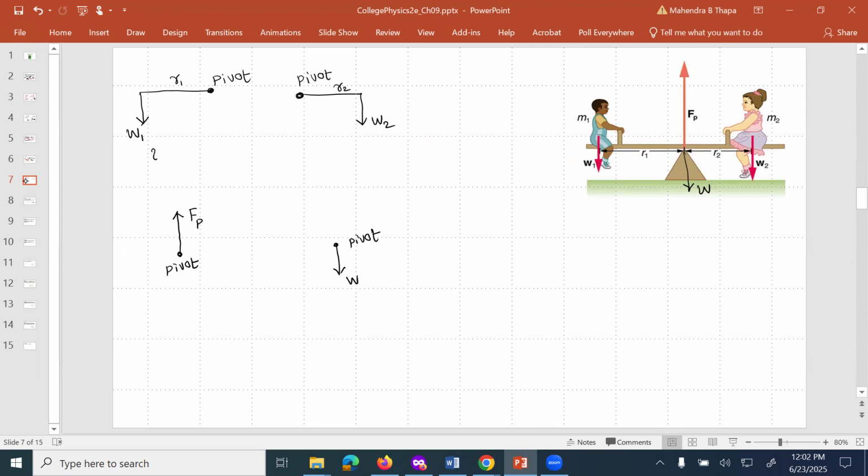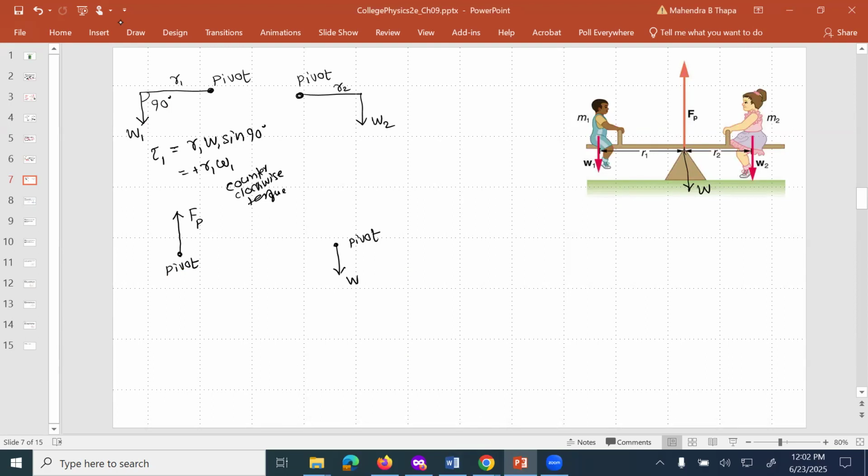So the torque due to W1 will be R1 times W1 sine 90 degrees. This angle is here. So it's clearly R1 W1. From this picture, we can say that this is the counterclockwise torque. So that's the reason this is plus.